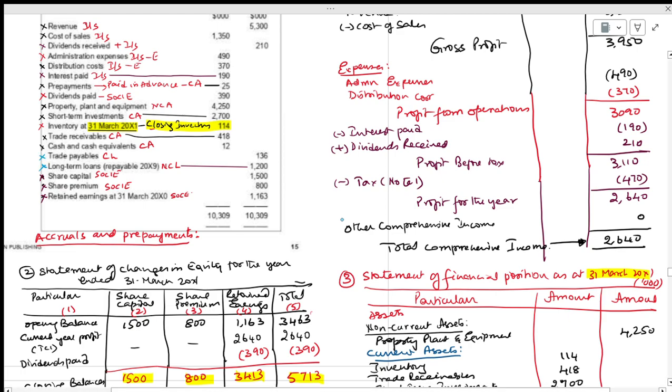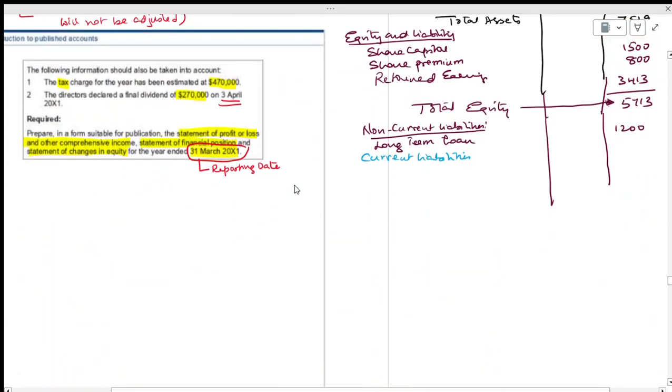Trade payables. How much is there? 136. Total: 1,336.